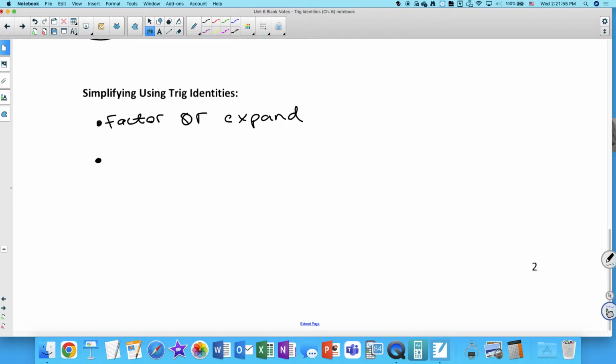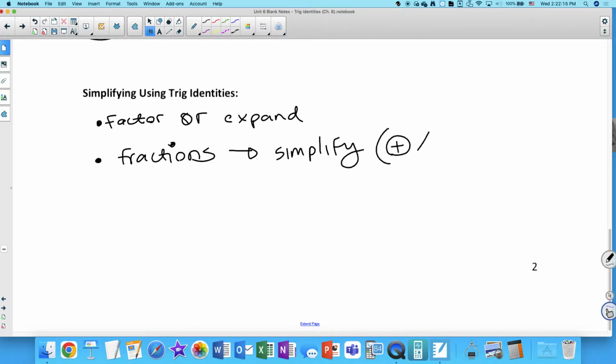But when you are dealing with fractions, and I don't mean numerical fractions here, but I think you know sort of what I mean. Some things that you can do are simplify. So what I mean by that is add, subtract, multiply, or divide, right?